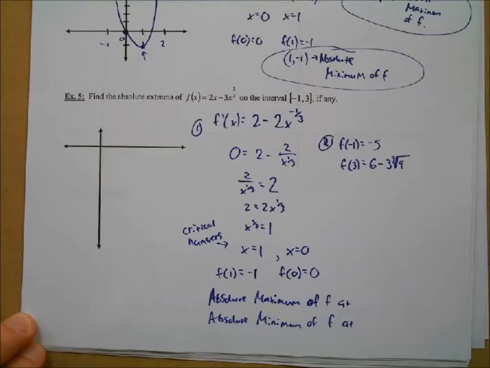Critical numbers and endpoints of the interval are what we use for absolute extrema. Yep, exactly. Because remember, critical numbers occur when the derivative is 0 and when the derivative is undefined.